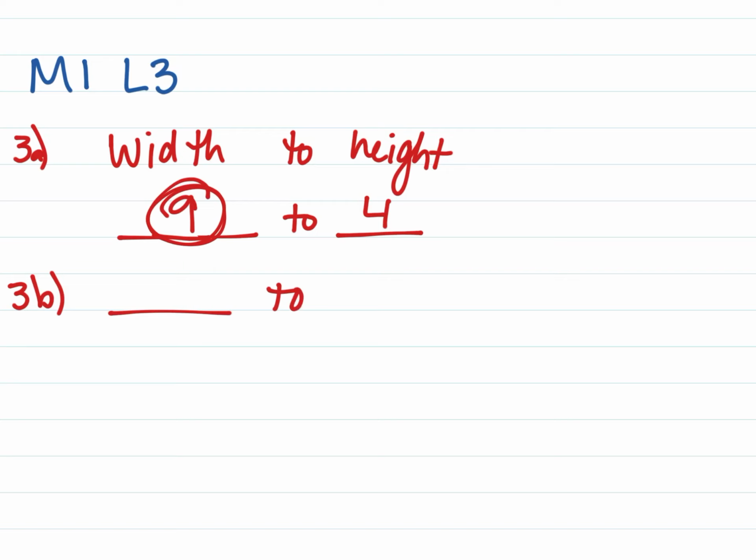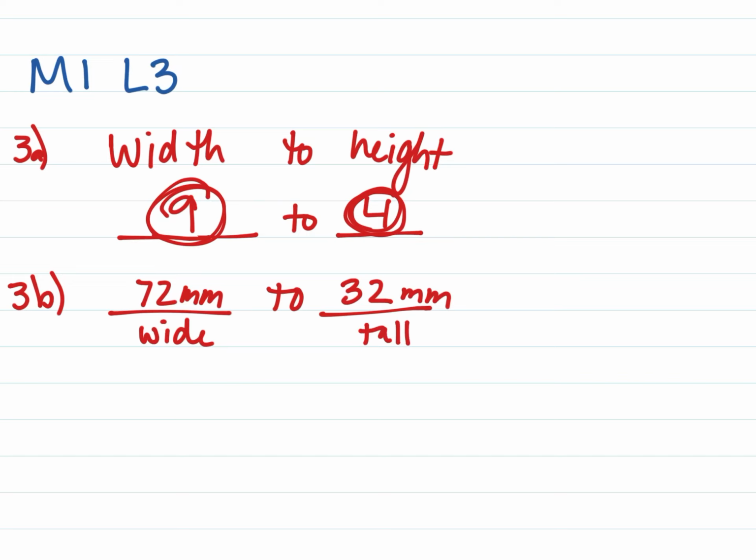So the width would be 8 times 9, which is 72 millimeters, by the height, which was 4, multiplied by 8, because each square is 8, gives us 32 millimeters. So it's 72 wide by 32 tall.